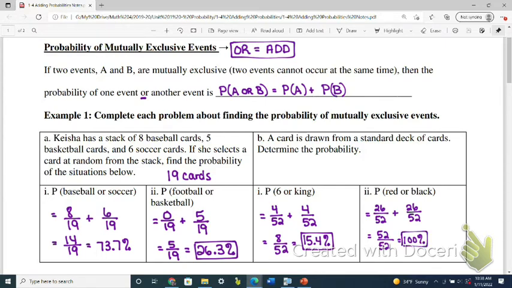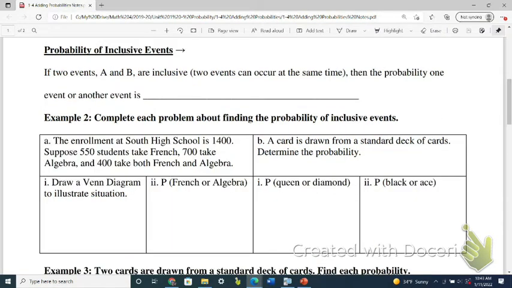So let's take a look at what we mean by inclusive events next. So if two events, A and B, are inclusive, that means the two events can occur at the same time.